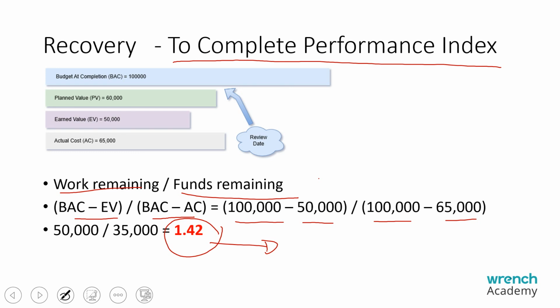It may be through cheaper sourcing of material, automation, or alternative materials. So the engineering team has to do a lot of brainstorming and innovation to achieve this target of 1.42 instead of 1.